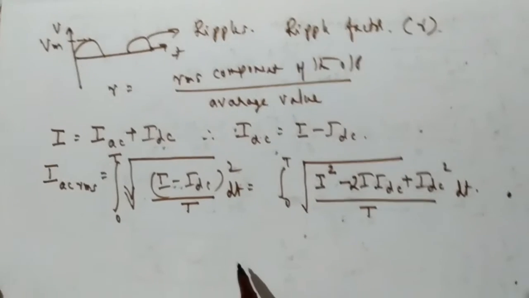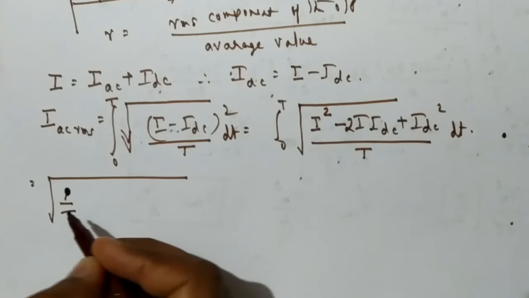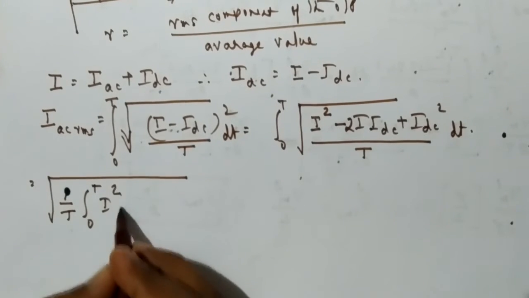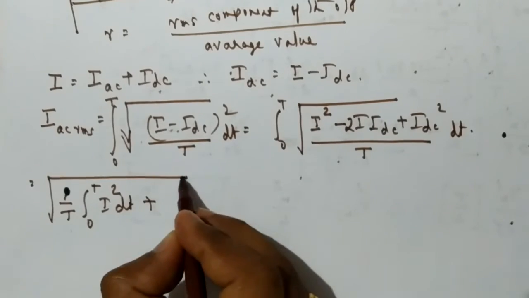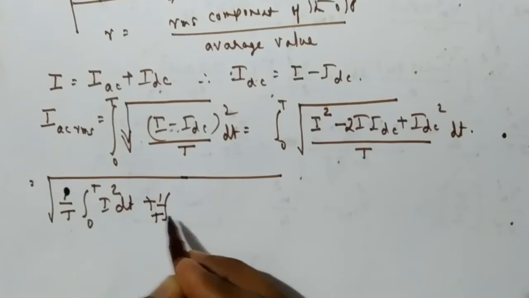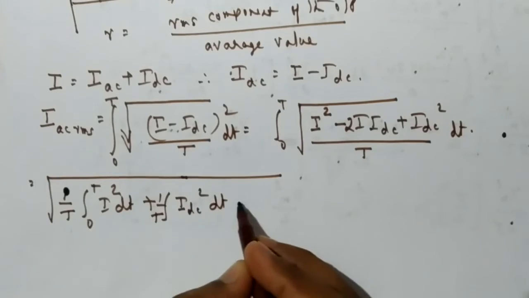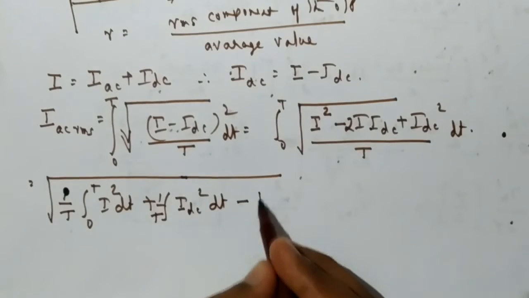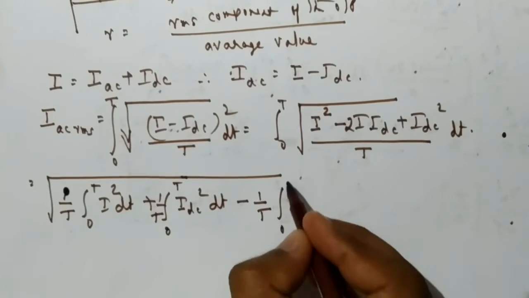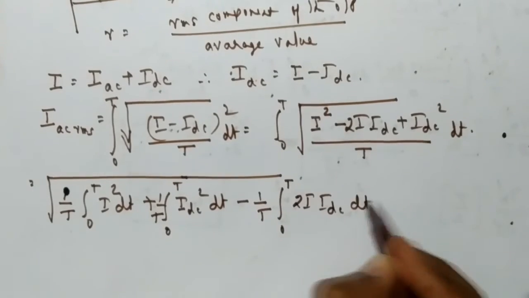So I can split this, that is equal to 1 by T, I will take outside, into the integral from 0 to T of I square dt, plus 1 by T into the integral of IDC square dt, minus 1 by T into the integral from 0 to T of 2I into IDC dt.